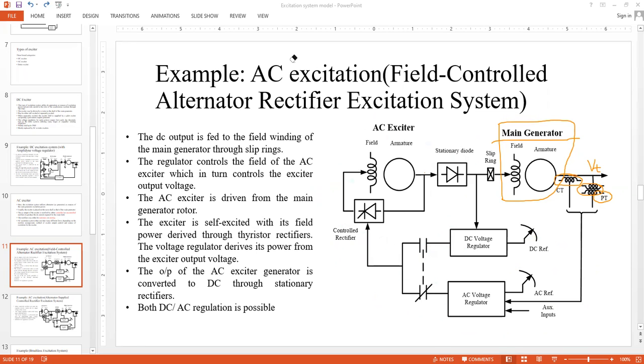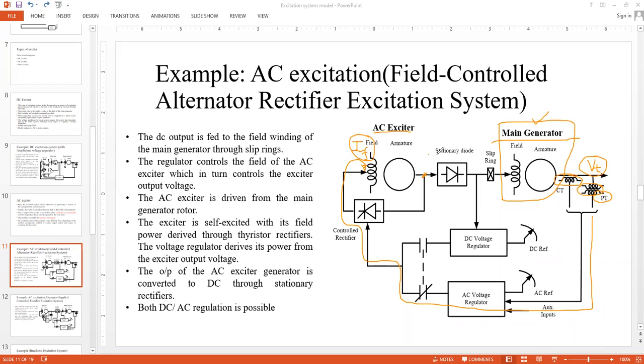So you are getting the control in the excitation, in the VT terminal voltage of the main generator, through the control here. Okay, so you are controlling IF of the exciter. That means you are not actually directly controlling the IF of the main generator. You are controlling the IF of the exciter. That is giving you some controlling effect on this output voltage of the AC exciter, which is AC.